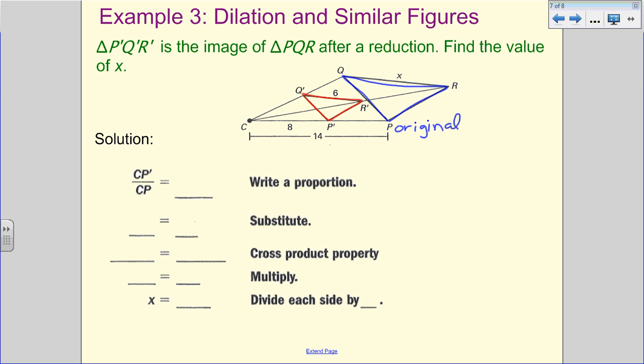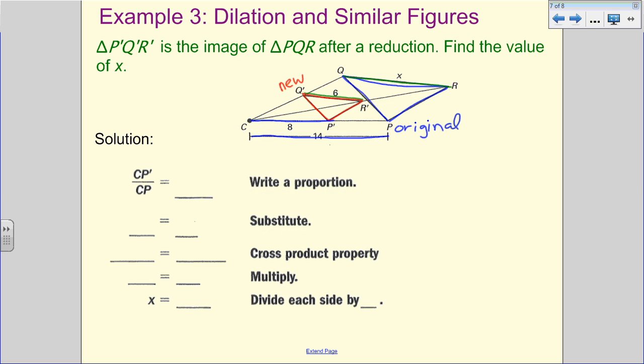This is my image. From Q prime to R prime is 6, and from Q to R was labeled with an X. That's what we want to find. And we know from C to P prime is 8, and C to P is 14. So that's what we want to set up.